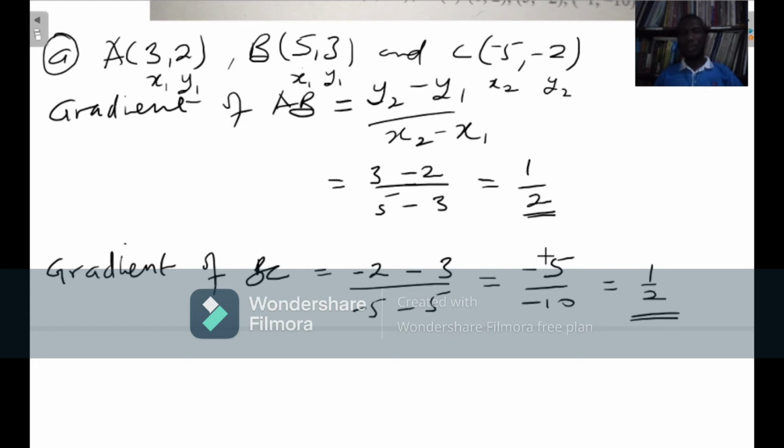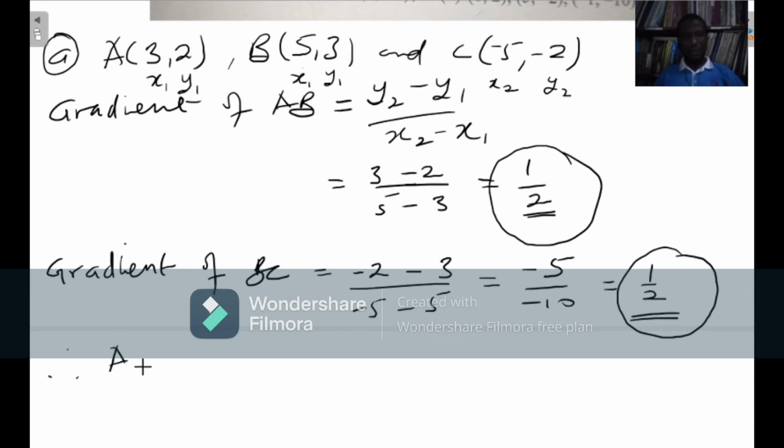So we conclude that since the gradient of the line joining the first 2 points is the same as the gradient of the line joining the second and the third point, then it means that they are on the same line. That is why they have the same gradient. Therefore, A, B, and C are collinear.